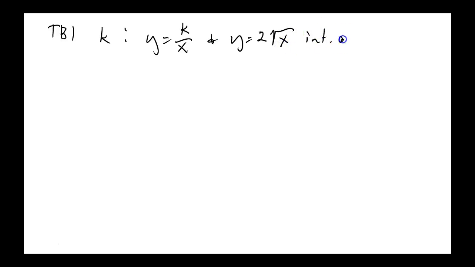Okay. Find the value of k such that y is equal to k over x and y is equal to 2 times the square root of x intersect at right angles.